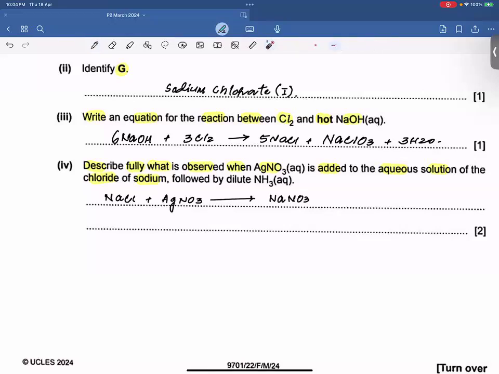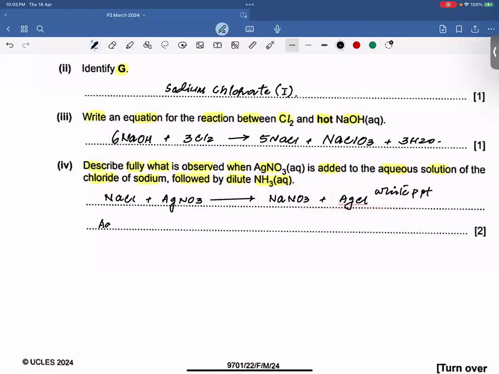So this is going to be the filtrate, and AgCl is also formed, and AgCl forms white precipitates, and these white precipitates of AgCl are insoluble in water. So basically these white precipitates, you can treat them with dilute aqueous ammonia.